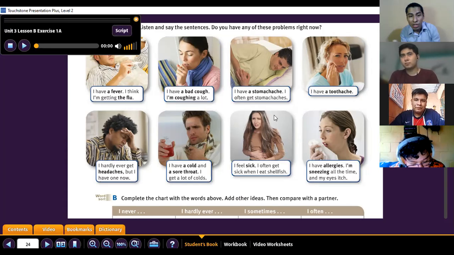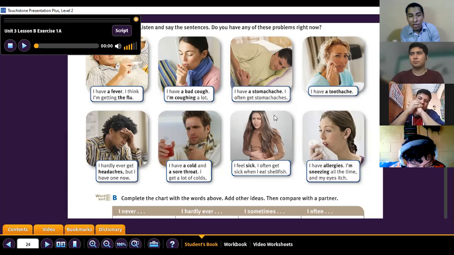Entonces, ese sore también significa que tiene un dolor. La mayoría de veces ache es para un dolor profundo, interno, y el sore es como para algo más liviano, digamos, algo más suave. Por ejemplo, sore throat. Sore feet, dolor de pies, dolor de garganta. Sore muscles, dolor de músculos o dolor muscular.